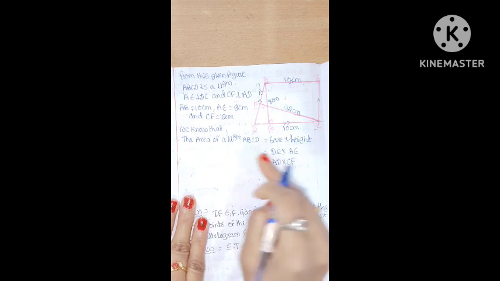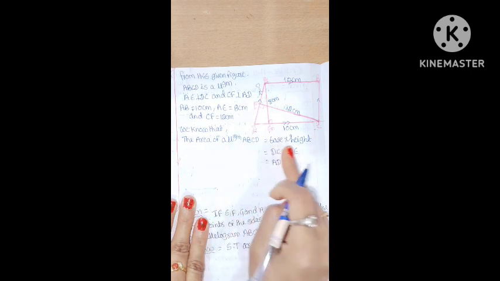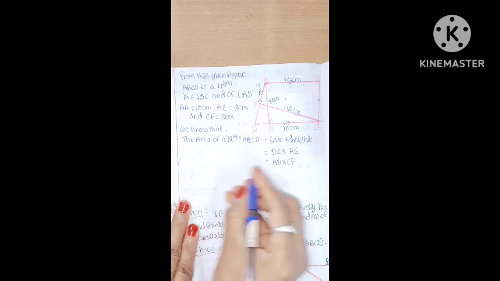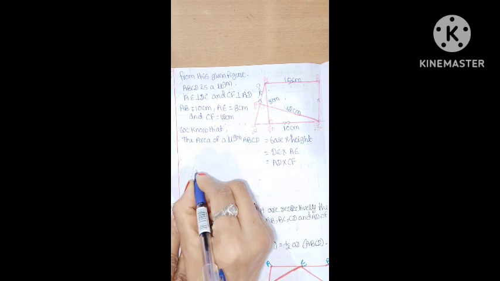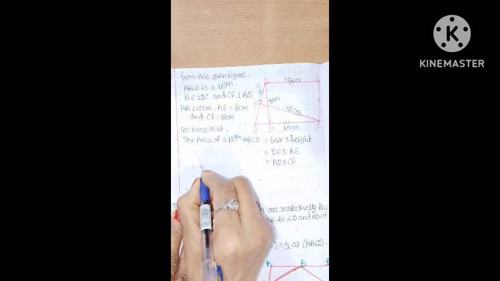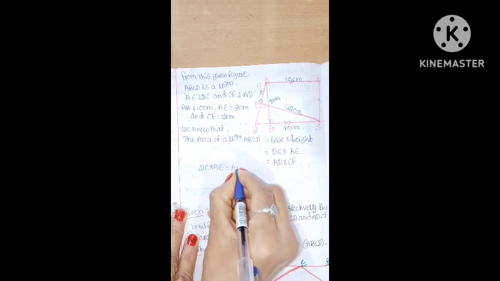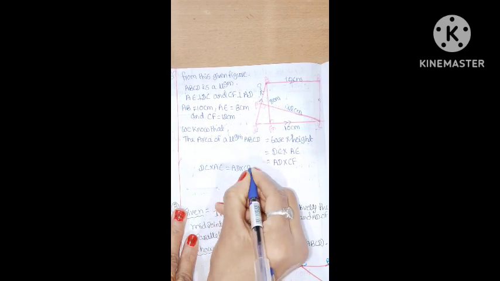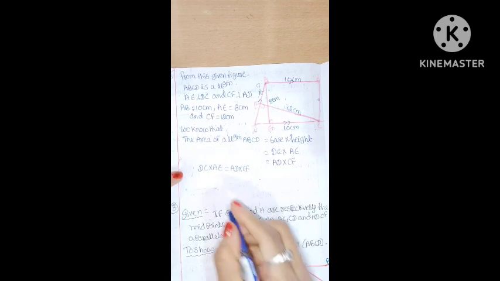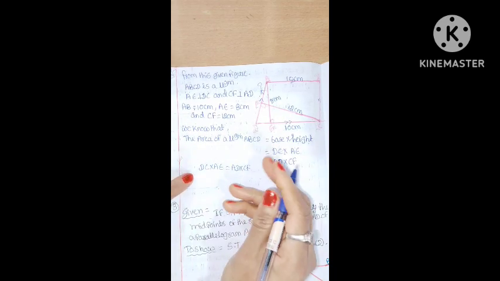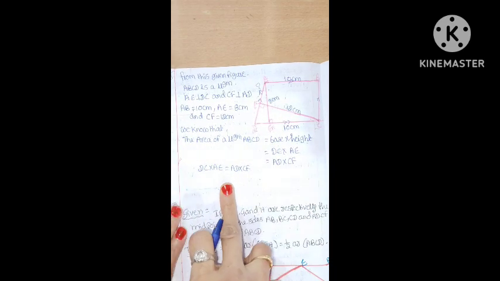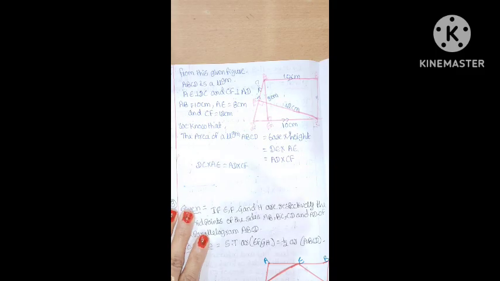Why is it equal? The area of the parallelogram, these two areas are equal only. So here DC into AE equals AD into CF. Both areas are equal. So substitute the values in the above formula and we will get the AD length.